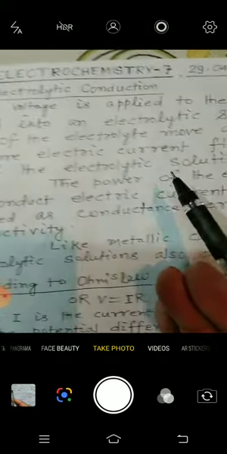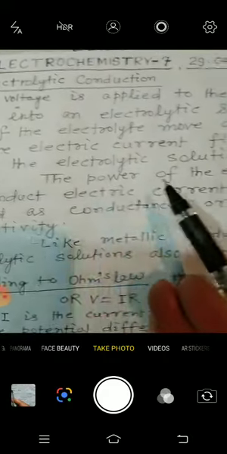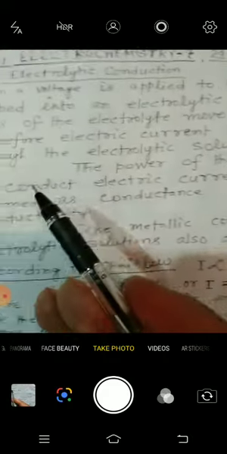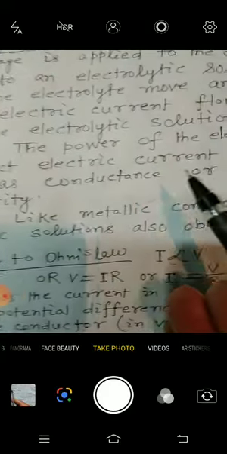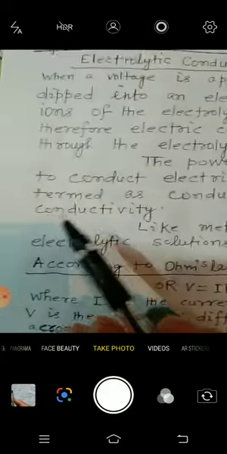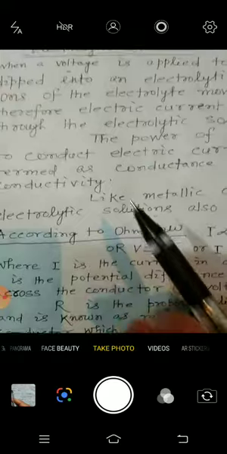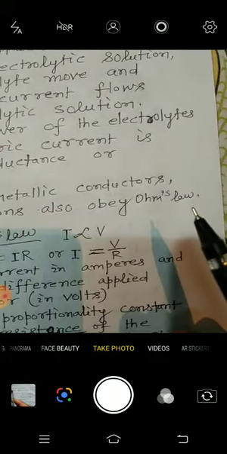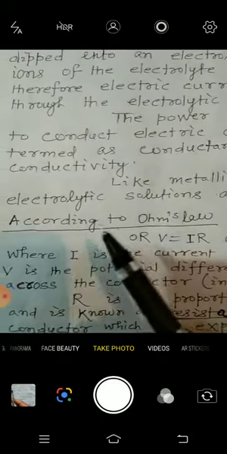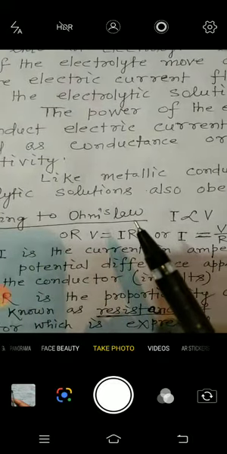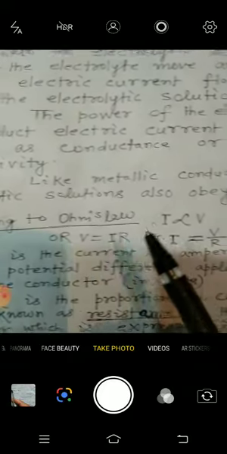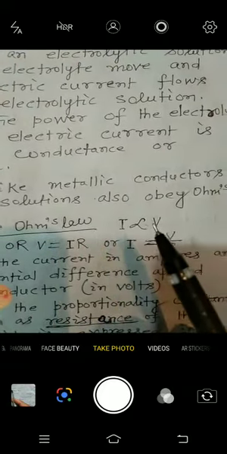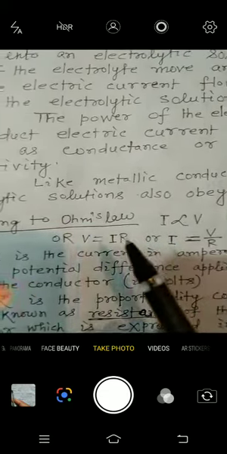The power of the electrolytes to conduct electric current is termed as conductance or conductivity. Like metallic conductors, electrolytic solutions also obey Ohm's law. According to Ohm's law, that you know through the knowledge of your physics, current is proportional to potential difference.